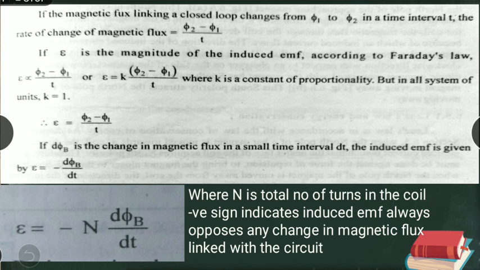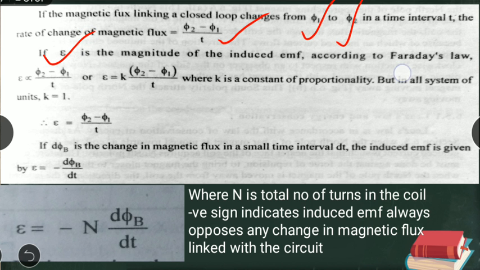If the magnetic flux in a closed loop changes, initially the magnetic flux value is Φ1, and after a certain time the magnetic flux value is Φ2. The rate of change of magnetic flux can be written as Φ2 minus Φ1 divided by t. Here E is the notation used for the magnitude of the induced EMF.